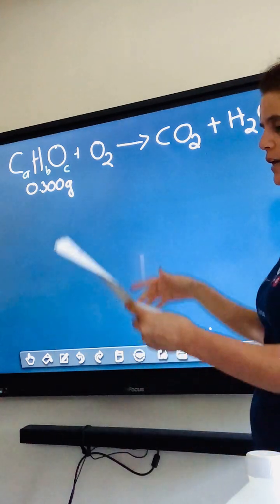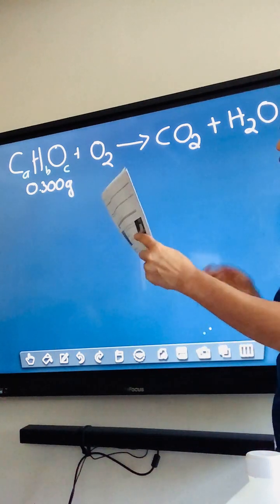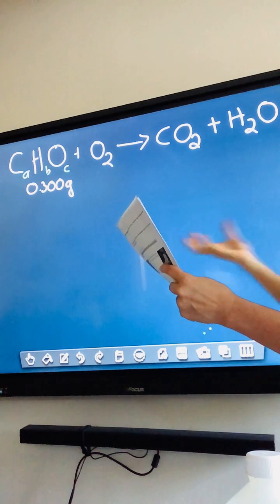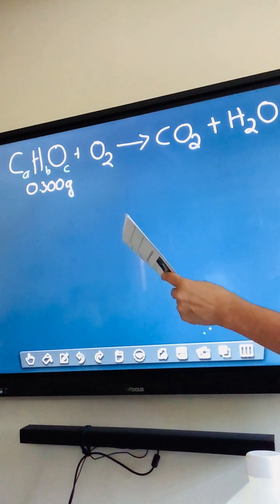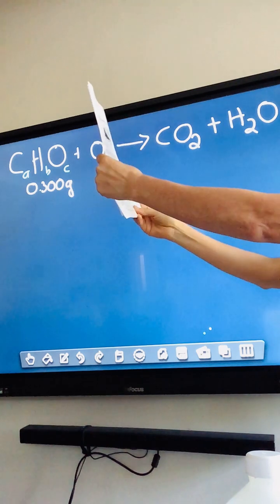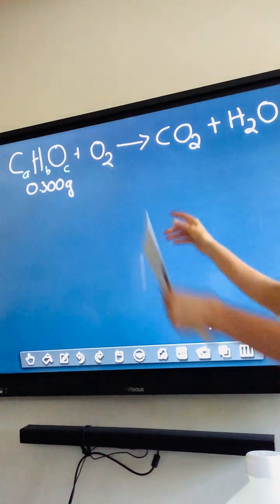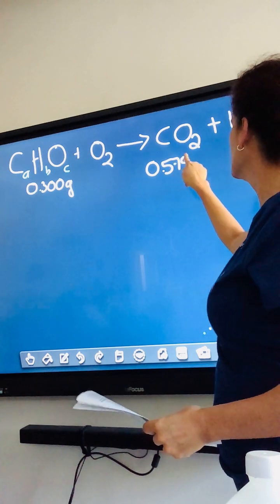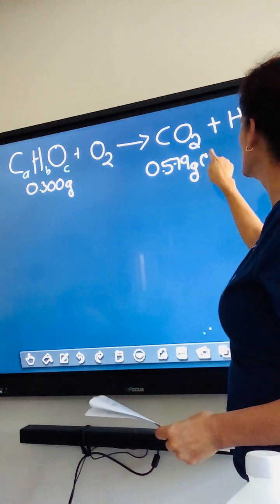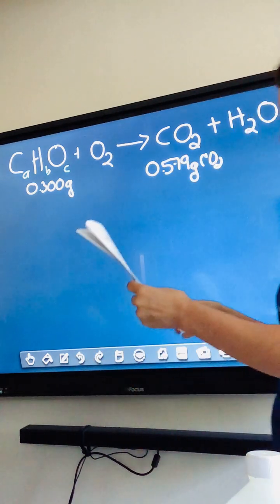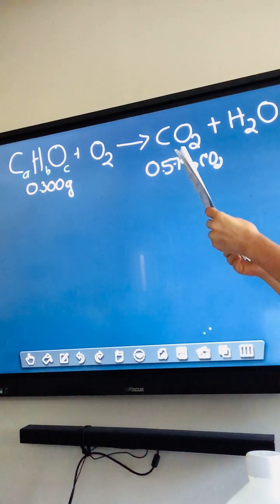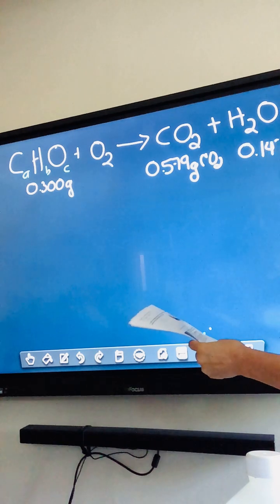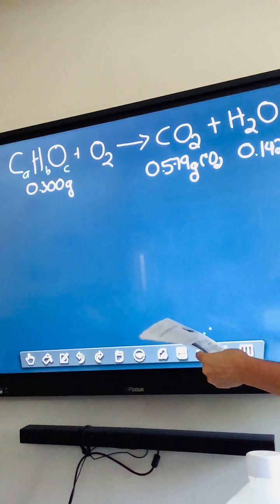Now the carbon dioxide, they told you that they run it through this instrument that collects the carbon. It has something that will absorb the carbon, and they tell you that you have 0.579 grams of CO2, and you have 0.142 grams of H2O.